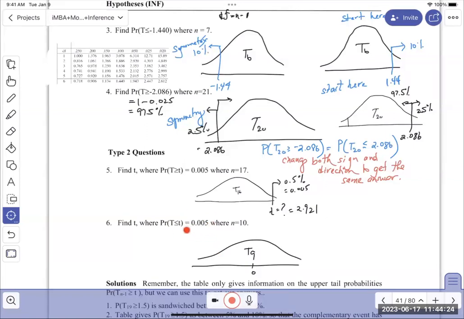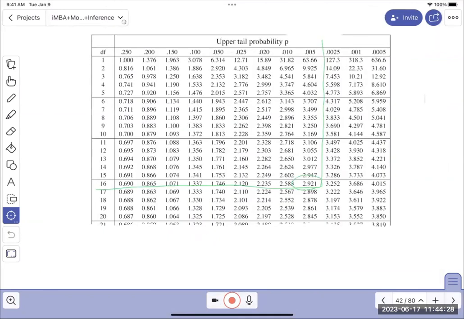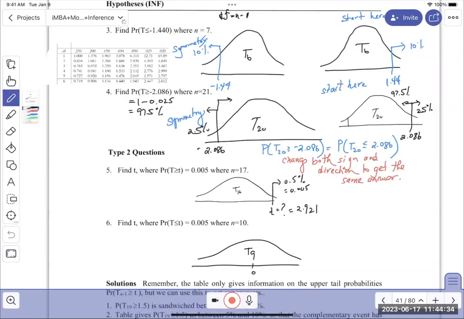Even if you go on the table directly and look that up, 9, you get 3.25, but that's on the positive side. But we are looking over here.